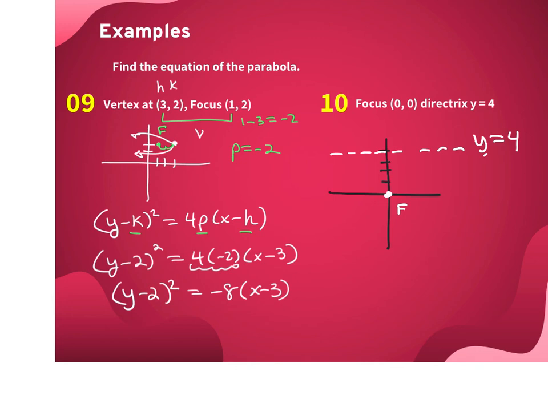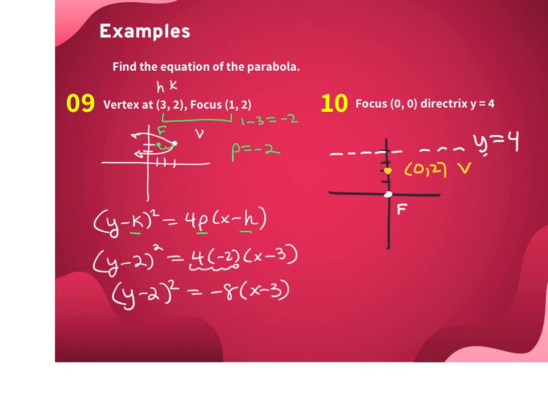Since I have a visual here, I can see that my vertex is going to be located right here at the ordered pair 0, 2.